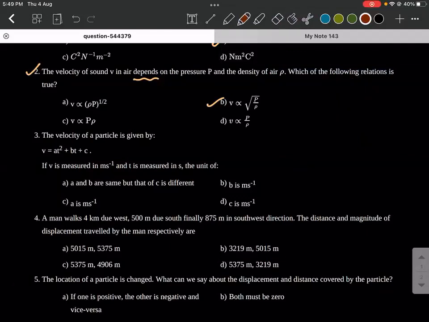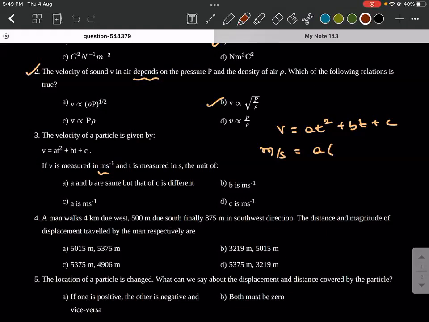Next is the velocity of a particle is given as at square plus bt plus c, where v is measured in meter per second and t is measured in second. The unit of A and B are same, but that of C is different. Is that right? So when V is equal to at square plus bt plus c, what is the unit of V that is given, meter per second is equal to A into, what is the unit of time square?